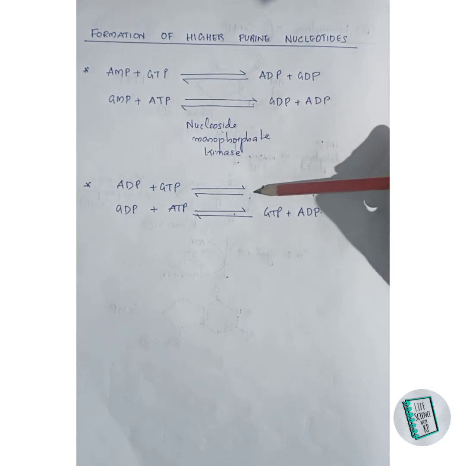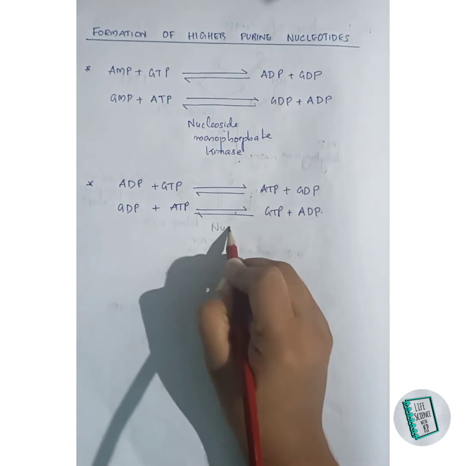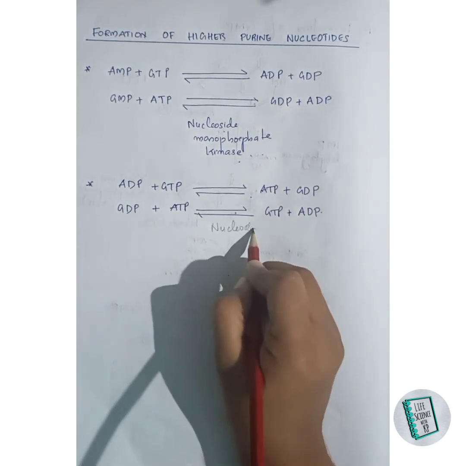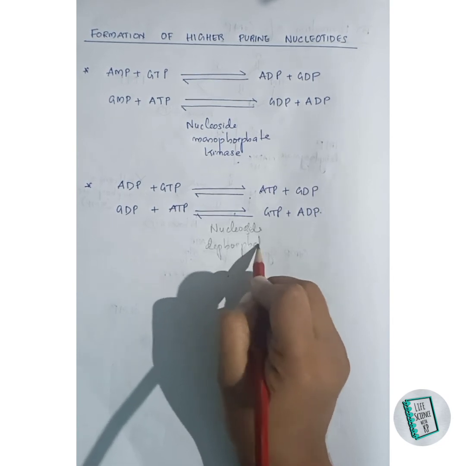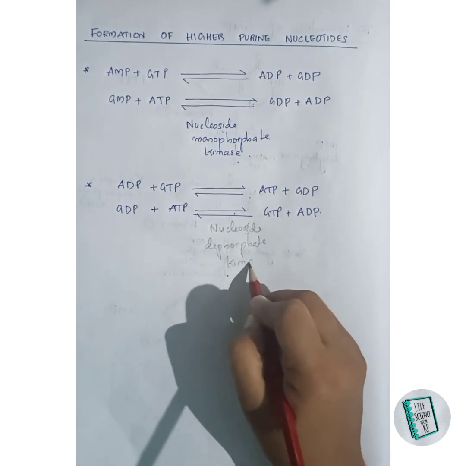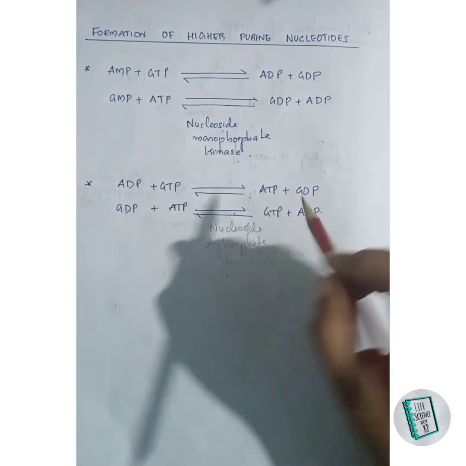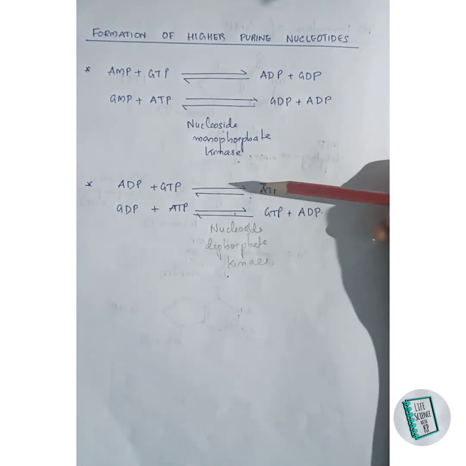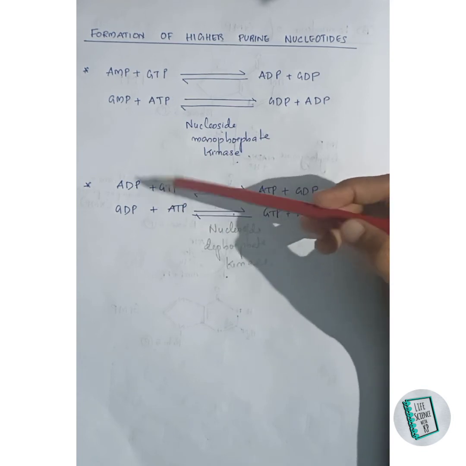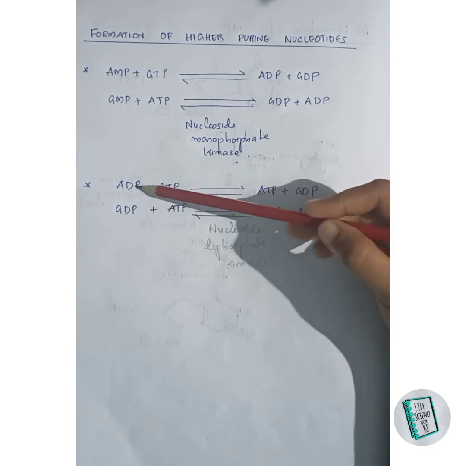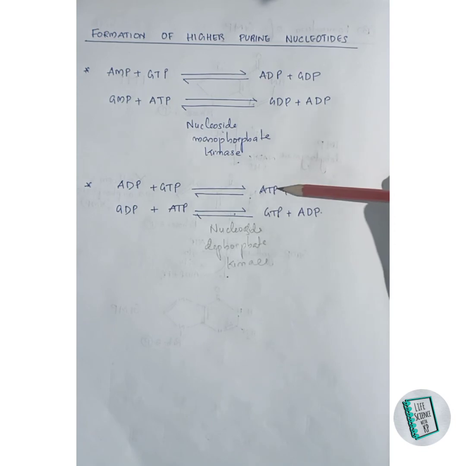And here nucleoside diphosphate kinase catalyzes the conversion of these diphosphates to triphosphates. So here this enzyme uses the existing NTPs to phosphorylate ADP and GDP to their respective ATP and GTP.